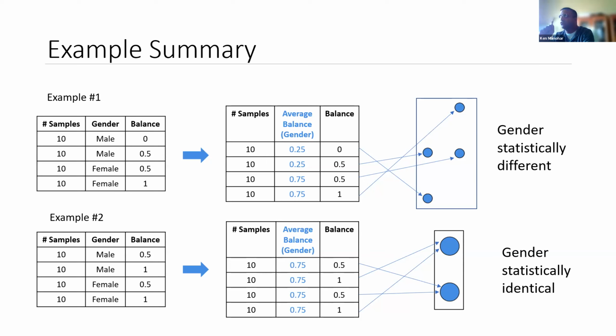But in example 2, where gender was statistically identical, meaning that whether you are male or female did not have any influence on your balance, it resulted in 2 clusters. So this difference with the new approach can be leveraged as a measure of similarity or dissimilarity between the different data points. And using this new approach, we can more accurately incorporate the influence that a specific feature has.